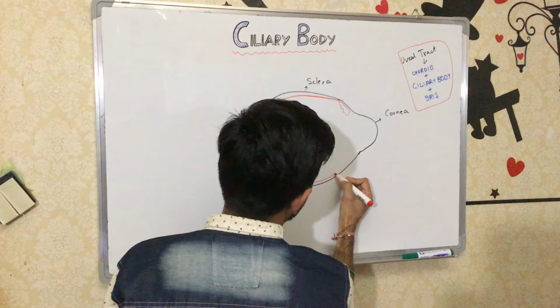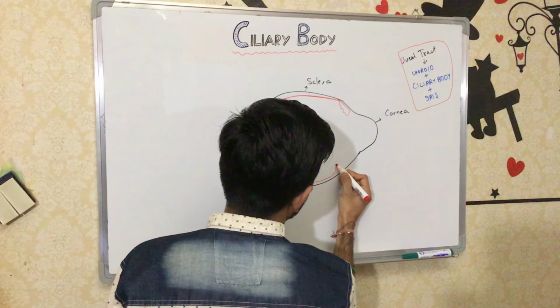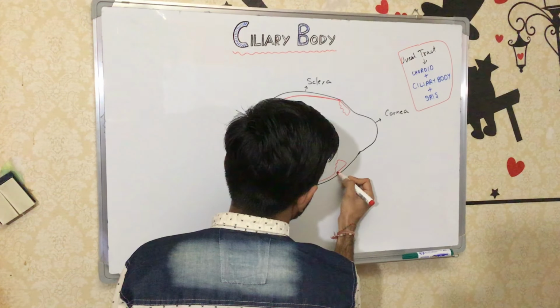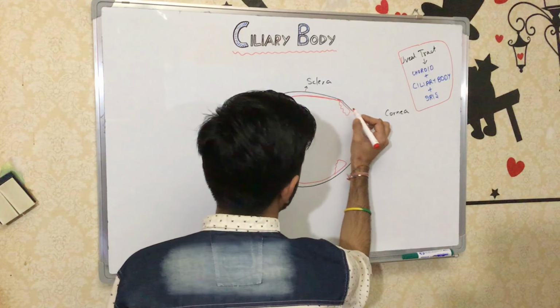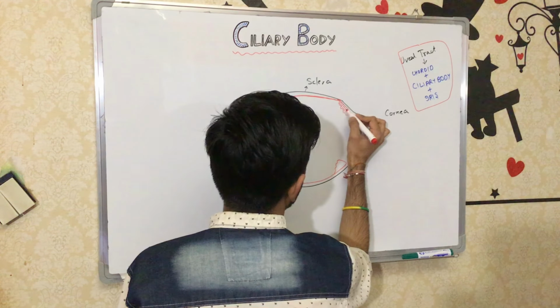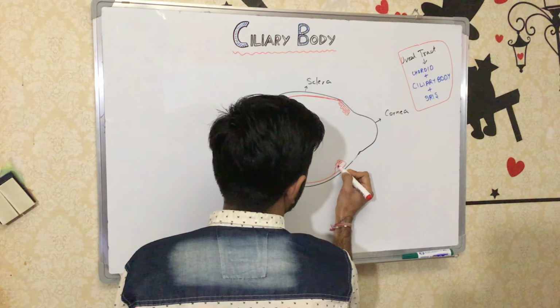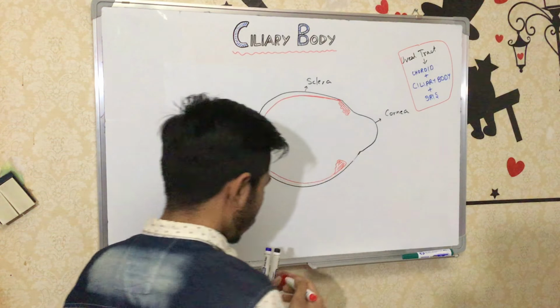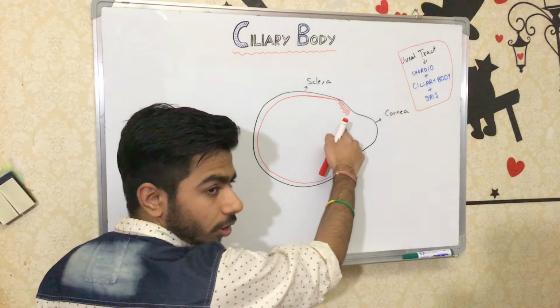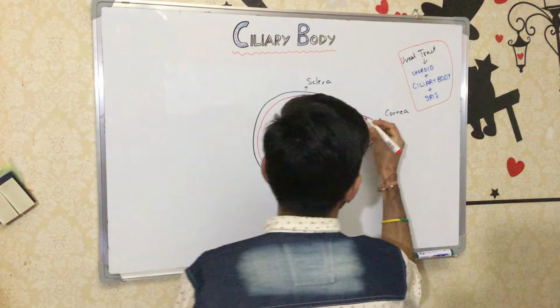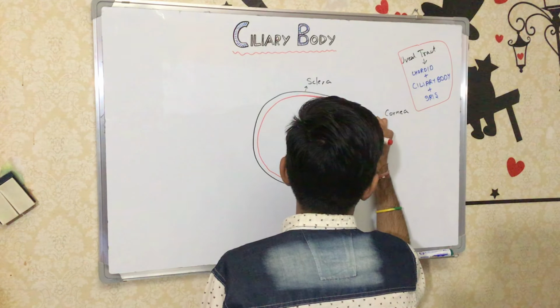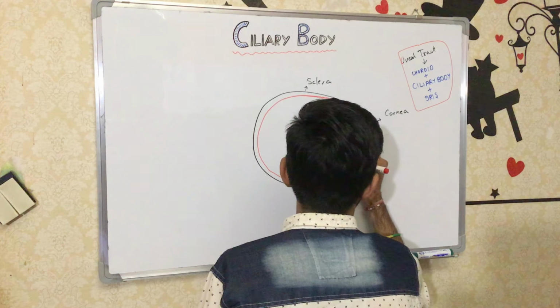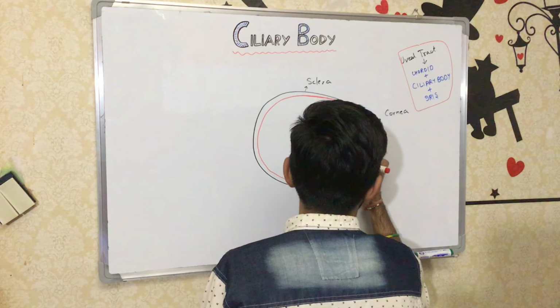So these are the ciliary body I have drawn over here. Now this ciliary body will further continue into a flap-like structure, and we call it the iris.